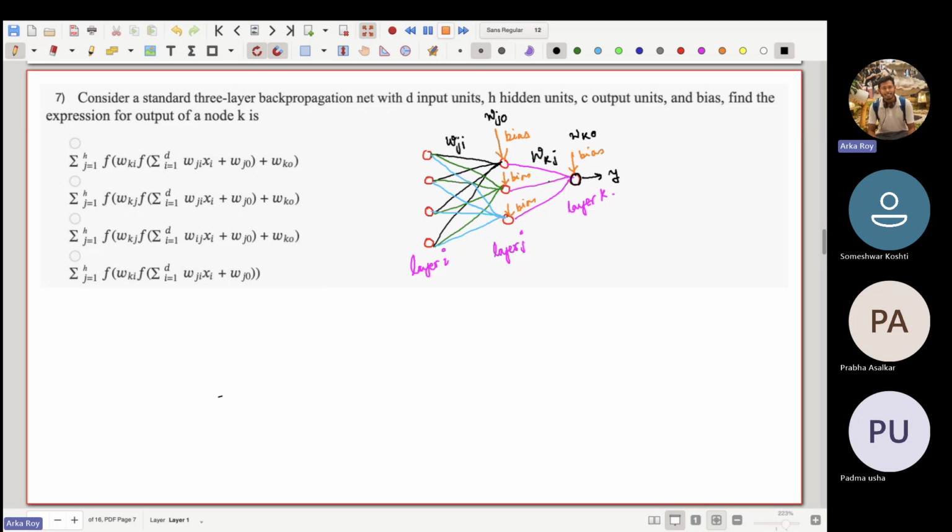So let us first see what the output is in general, at this layer I, or sorry, at this layer J. The output at layer J, and this is generalized. I will write the generalized equation. You can also validate it for any of the neurons by putting the indexes properly.